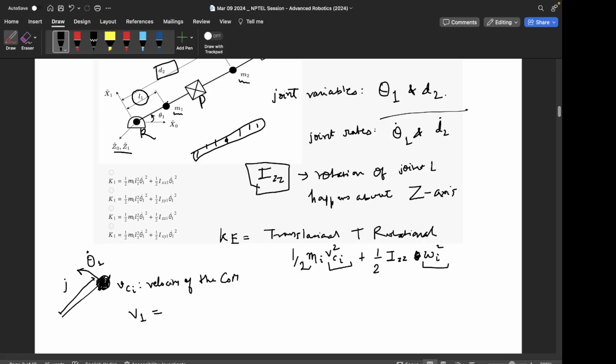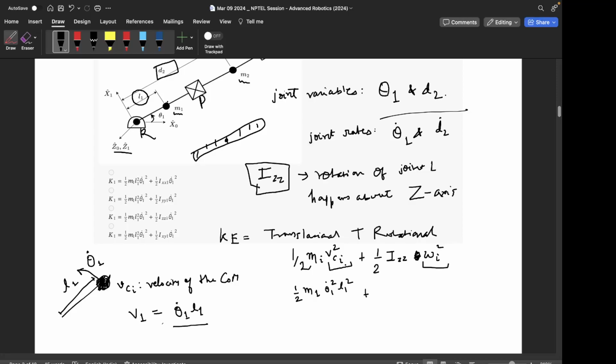And at a distance L1 from the origin or from the axis. So what's the velocity there? The velocity is omega cross r, and in this case it will be θ1 dot L1, right? This is the velocity of the center of mass of the first link. So the translational kinetic energy will be half m1 θ1 dot square L1 square.